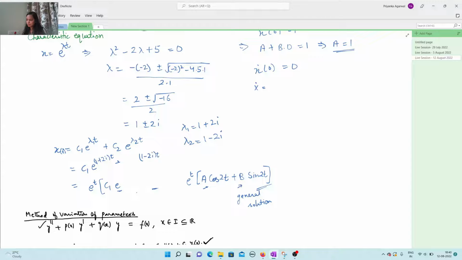Okay, so the first step here is to find the Wronskian. So the Wronskian will be the determinant of this particular matrix.